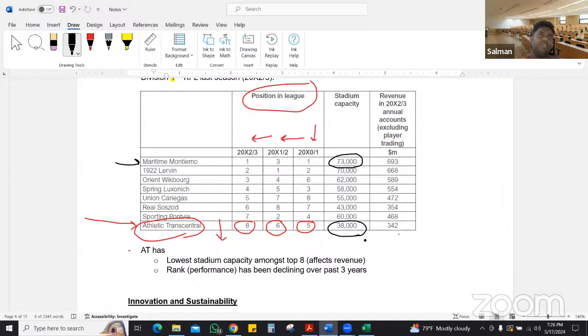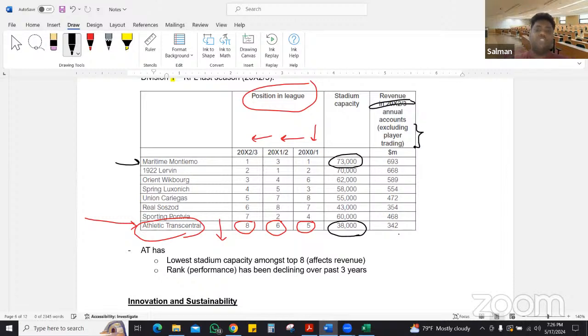We discussed that the larger the stadium capacity, the more we could sell and the more money we could earn from ticket sales. If they ask us for recommendations to increase revenue, this can be one of those. Revenue in 2002-2003, excluding player trading.